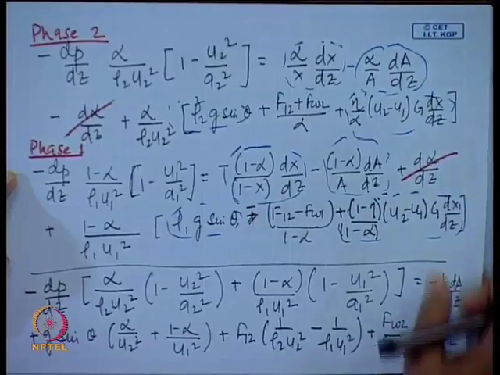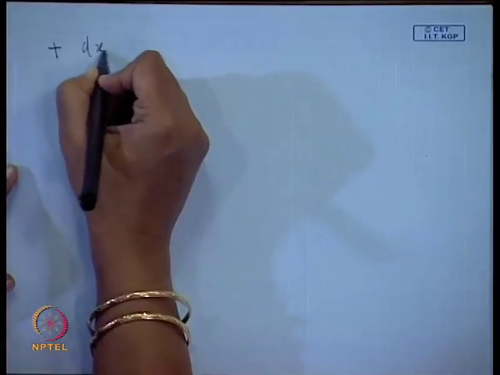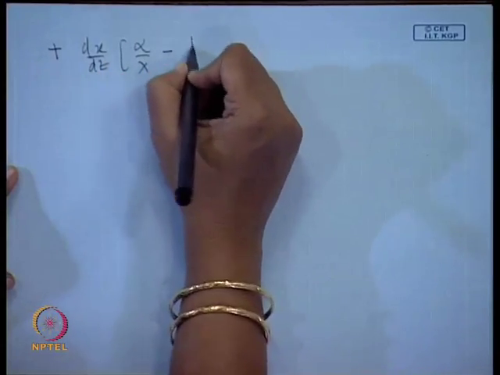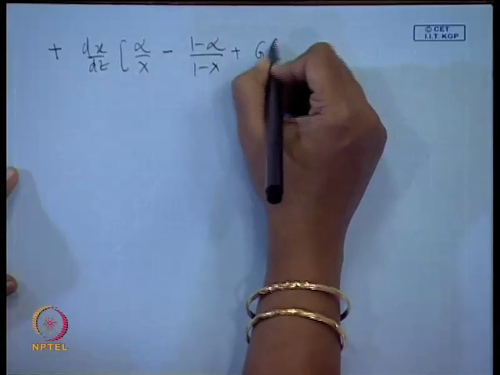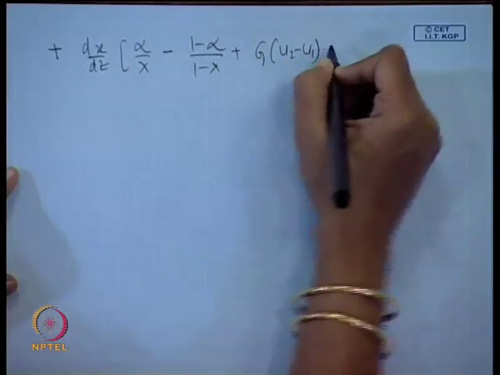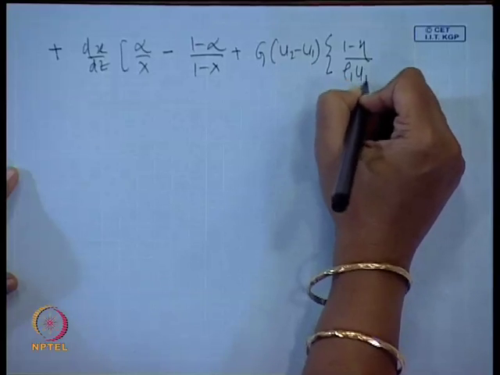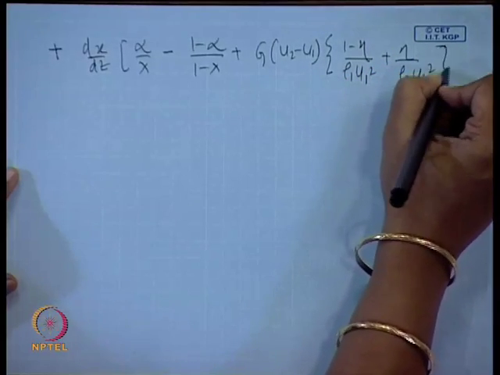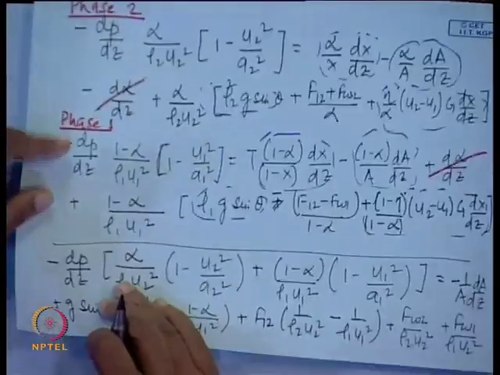So, therefore, this plus dx dz into alpha by x minus 1 minus alpha by 1 minus x plus g u2 minus u1, 1 minus eta rho 1 u1 square plus eta rho 2 u2 square. Agreed. So, therefore, this has come to 2 pages.